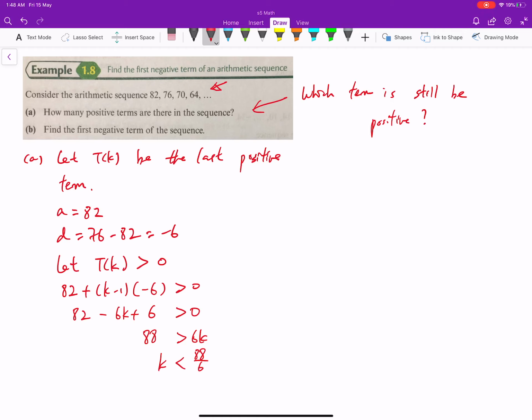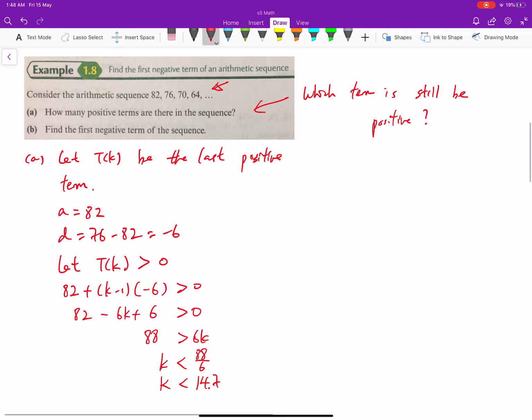Actually, using decimals in this situation will be easier. So 14.7. So k is smaller than 14.7, and k is a positive integer. So what is k? The biggest one is 14, right? So there are 14 positive terms in the sequence.